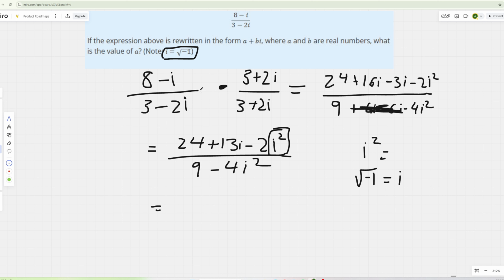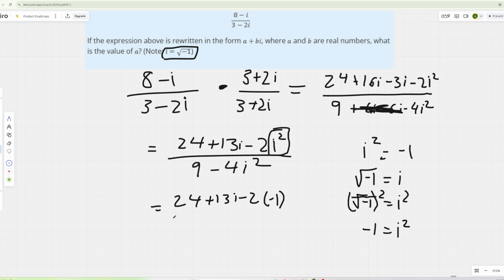Okay, so now what am I left with? They tell us i is root negative 1. So if i is root negative 1, to get to i squared, I square both sides. The root and the square cancel. So now I get i squared equals negative 1. So now I can just put that in. 24 plus 13i minus 2 times negative 1, over 9 minus 4 times negative 1.